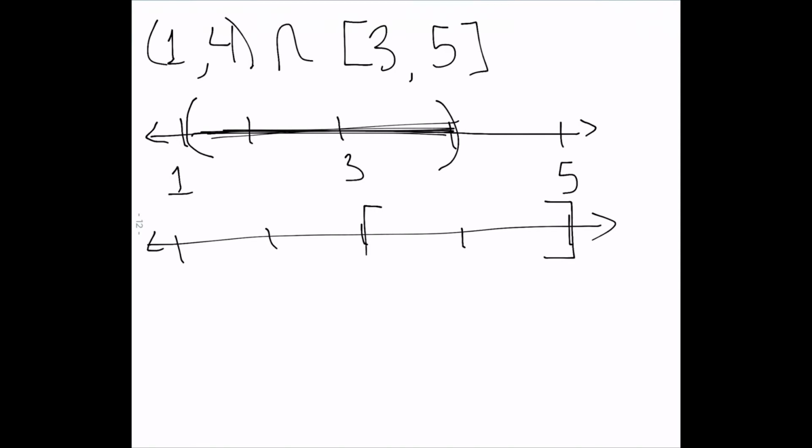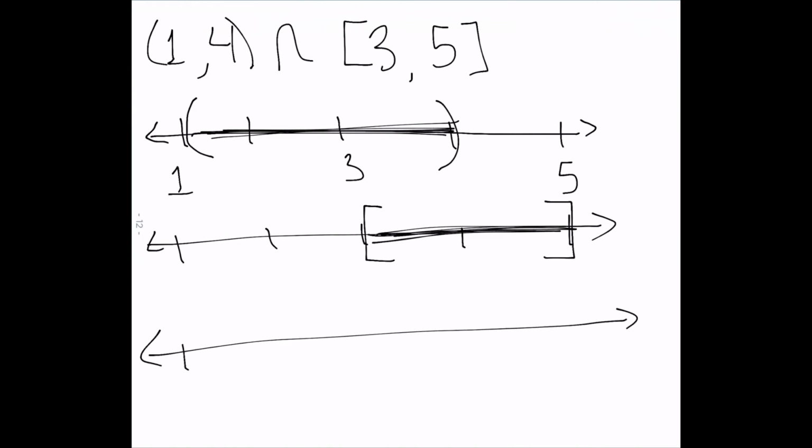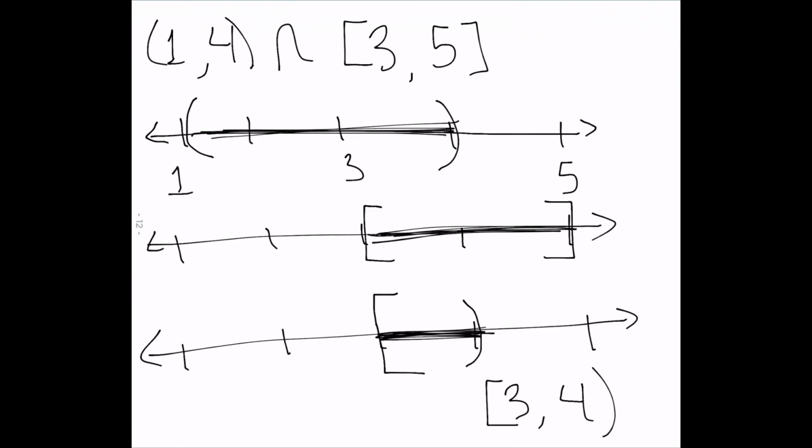I would want between 3 and 5. So the actual final answer should see, since this is the intersection, where they overlap. Starting at 3 and ending at 4. So this would be the interval, square bracket 3 comma 4 parenthesis.